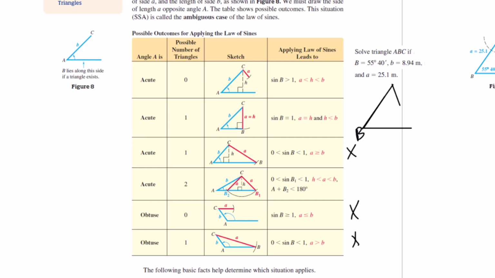Well, because think about it. This is A, so that means angle A is going to be over here. This is going to be angle C, and then length B is over here. Let's imagine we have a triangle. Let's do the law of sines. Okay, so what are we going to do?